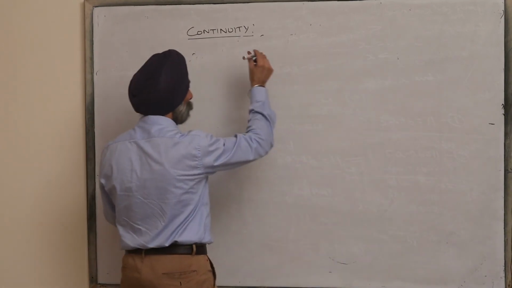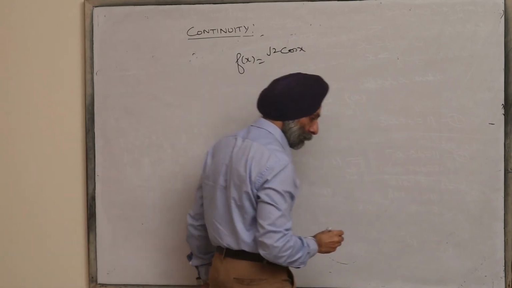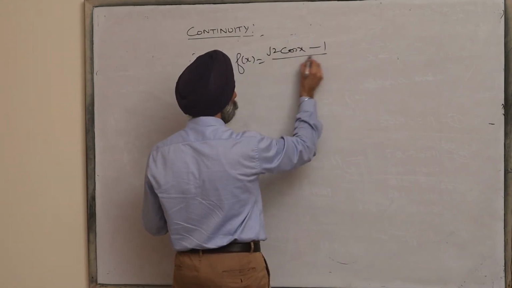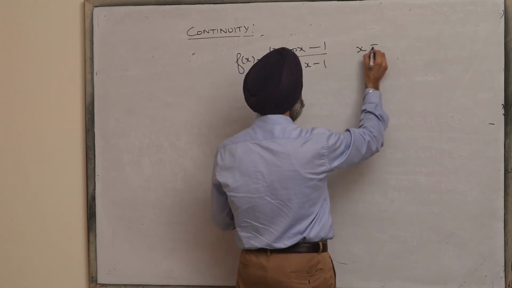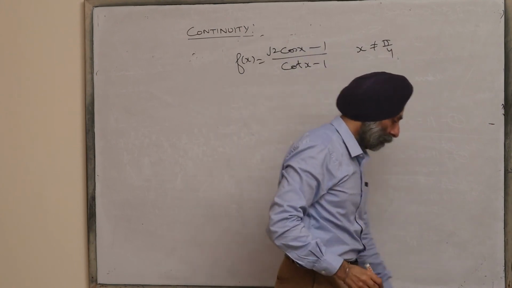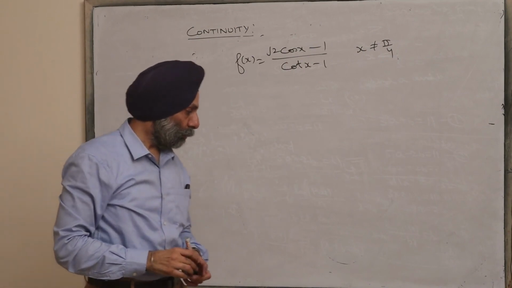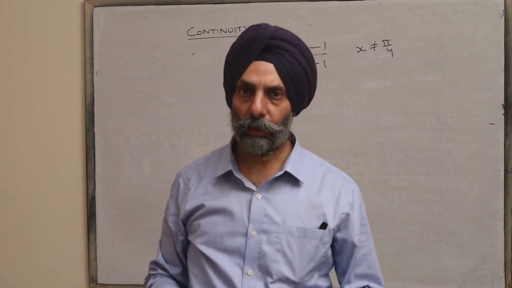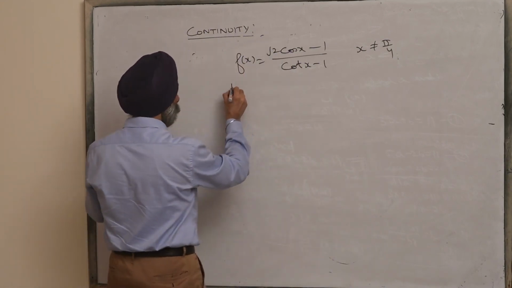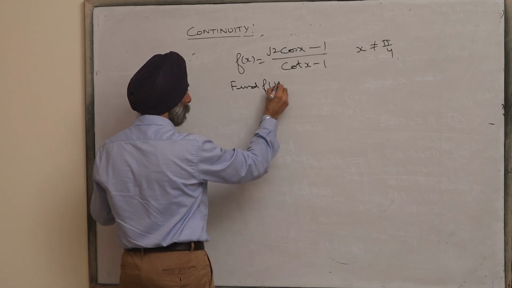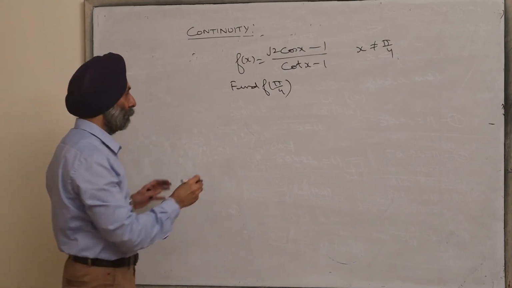Now next is, if f(x) is equal to root 2 cos x minus 1 upon cot x minus 1 when x is not equal to pi by 4, then we have to find f of pi by 4, so that the function becomes continuous at x equal to pi by 4.